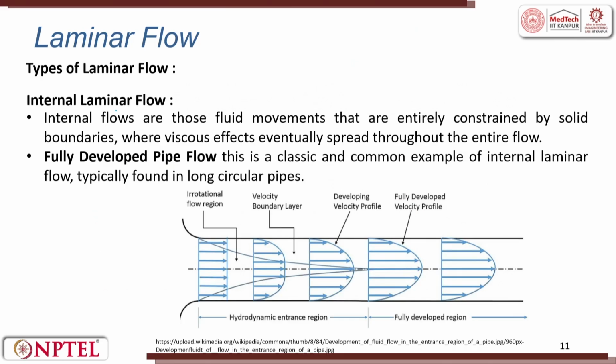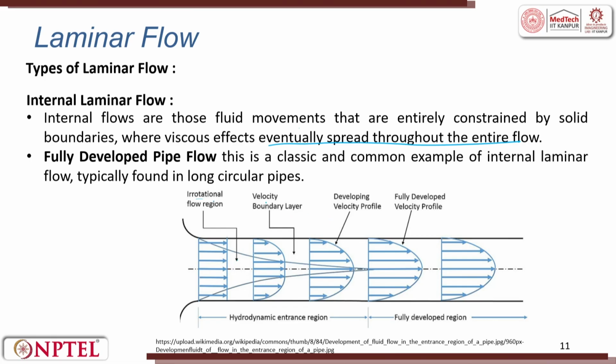The internal laminar flow. Internal flows are those fluid movements that are entirely constrained by solid boundaries, where the viscous effects eventually spread throughout the entire flow. For example, you can see here the irrotational flow regime.